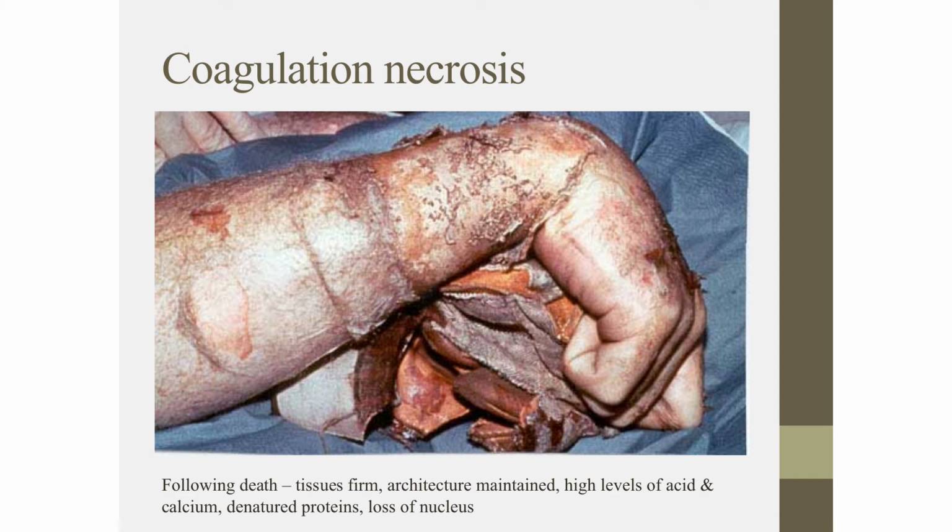And in really near death, the tissue, the first type of presentation that you'll see is called coagulation necrosis. So this is a very recent type of tissue death, immediately following necrosis of the tissues. The tissues will appear firm, their architecture will be maintained. When you do some sampling at that area, some proteomics, you'll see high levels of acid, calcium, denatured proteins, and when you look at the cells, you'll see that there's a loss of nucleus.